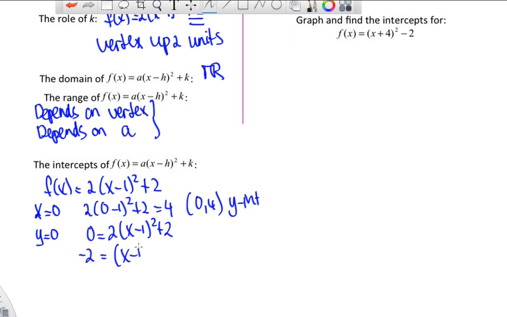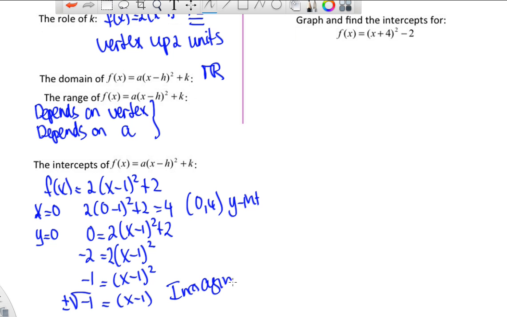So x minus 1 squared, we still have a 2 here, and then we divide by 2, I get a negative 1 is x minus 1 squared, and then you take the square root, so it would be plus or minus the square root of a negative 1. And that should give you something to think about, because now I have imaginary x-intercepts, and that's not what we want.